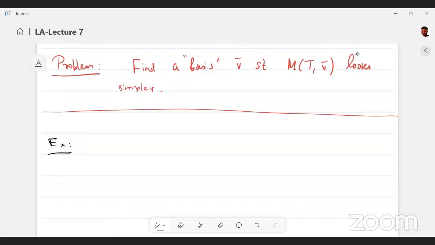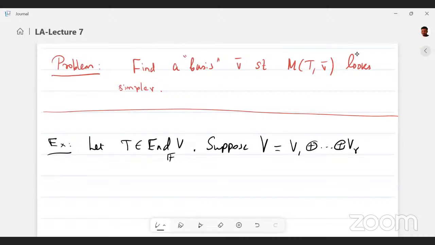Suppose you have an operator, let's say take this T to be an operator on V, and we are going to write V as a direct sum of finitely many, because everything is finite dimensional, T invariant subspaces of V. So let's say V is already given to be a direct sum of T invariant subspaces.